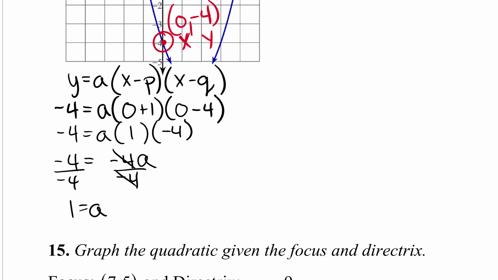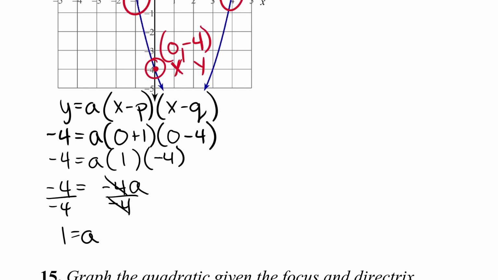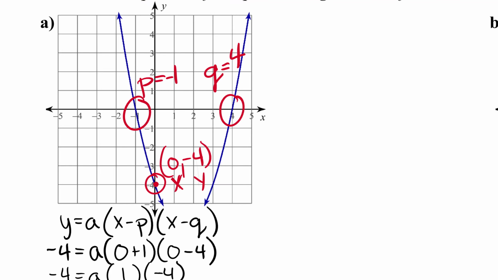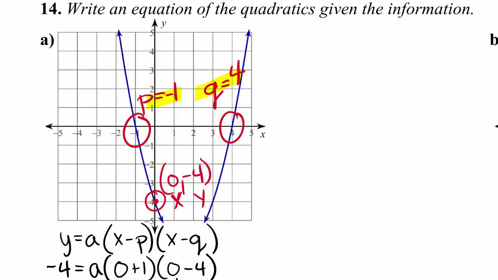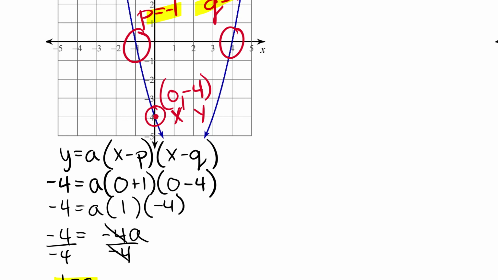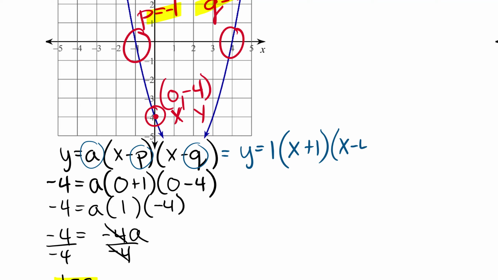Once I get that, I just remember all I need on these is A, P, and Q. That's it. So my answer, I'm going to replace A, P, and Q. So I have Y equals A is 1, (X plus 1)(X minus 4). And that's my answer.